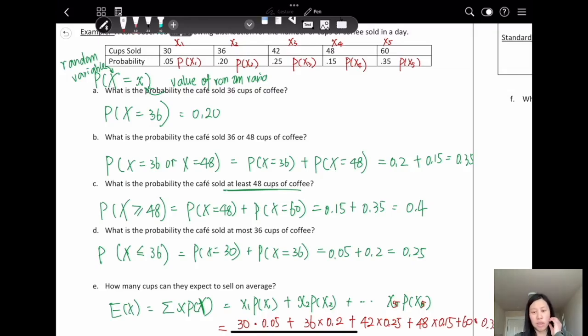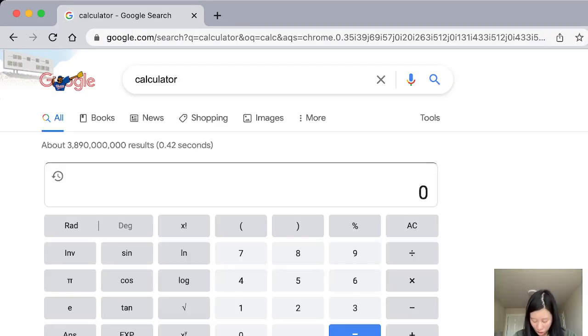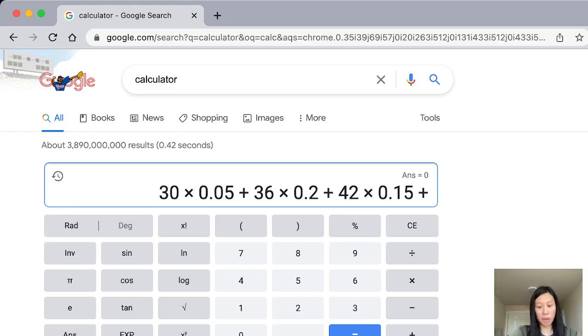Okay, so now let's do it on Google. So use Google Calculator. I have 13 times 0.05. If I mess up the number, let me know and comment below, because that happens a lot.